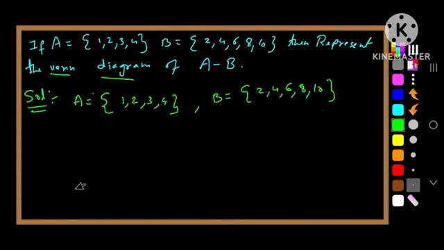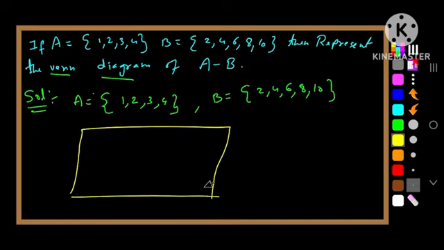So now we have to find out the Venn diagram. So for that, you have to draw a diagram like this. So this represents a universal set. In this set, all the sets will come.